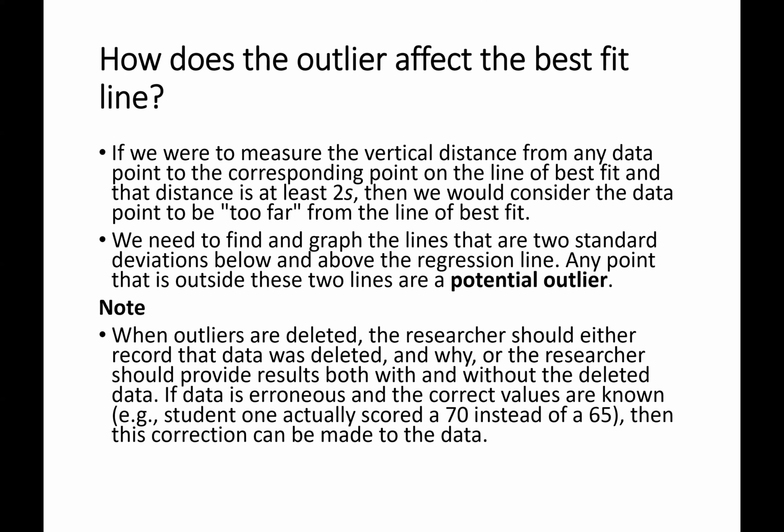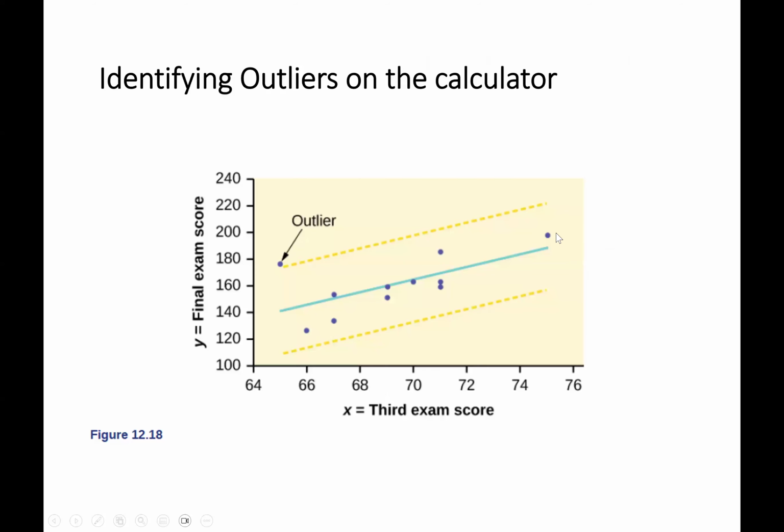Yes, if it's an erroneous data value, I can delete it, but I have to tell people that I deleted it, and this is the reason why. If you found out later that first building wasn't really 1,050 feet tall, but 900 feet tall, you could correct your data. Okay?